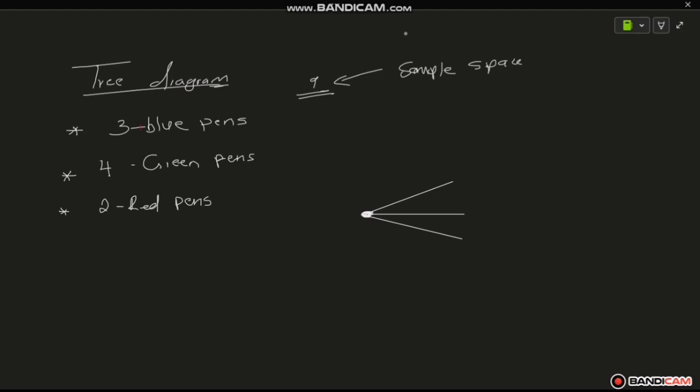Then each and every branch will form 3 branches. So it's blue, green, and red. So the blue pen will form 3 branches, as you can see. I'm trying my best here. And even the green one will form 3 branches.